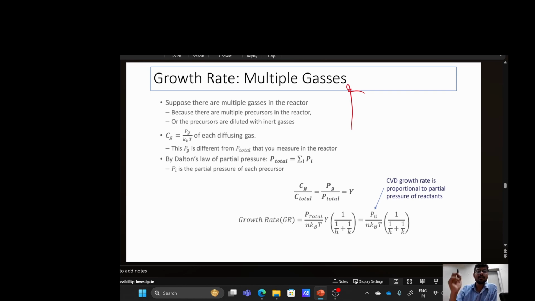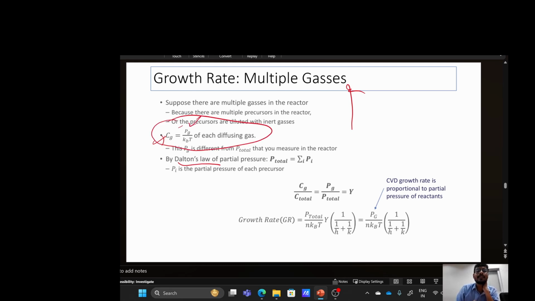So luckily this is given by a formula, which is Dalton's law, by which you can find the partial pressure. For a particular gas, the concentration is given by the pressure of the gas divided by kBT.